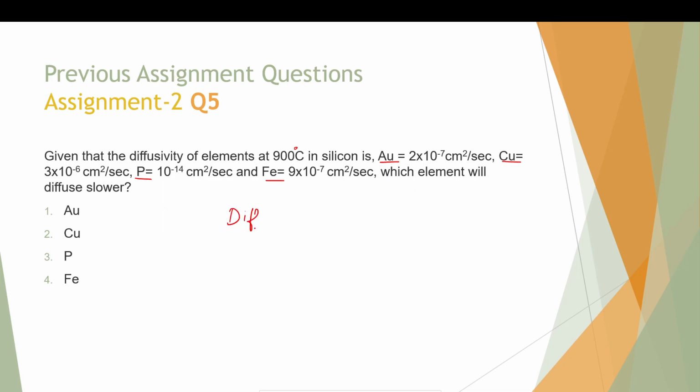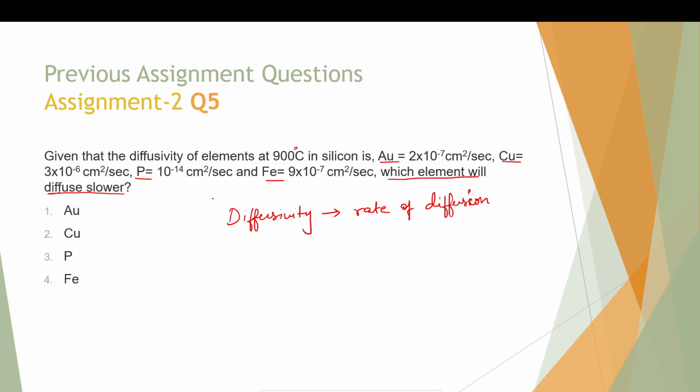Diffusivity is, in simple terms, just the rate of diffusion. So naturally, whichever element has the lowest diffusivity will diffuse slower.